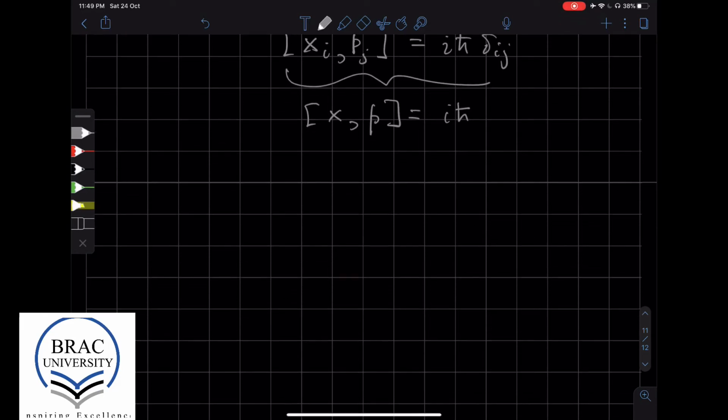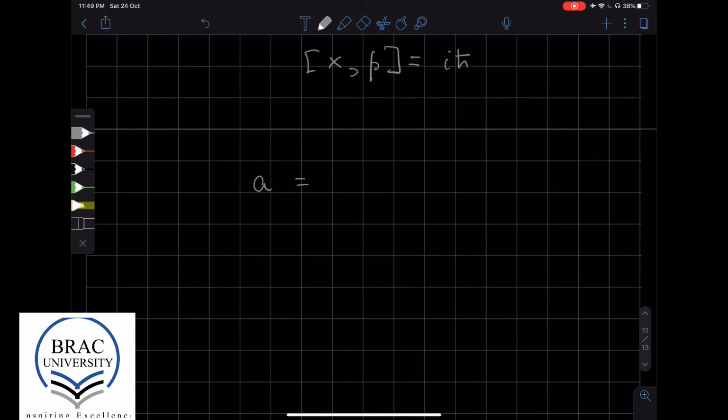But also in the simple harmonic oscillator, what we did is that we introduced the annihilation operator and the creation operator, and they were given by this expression.